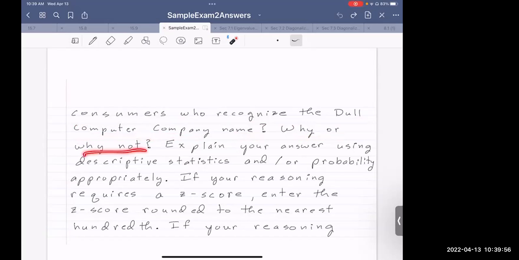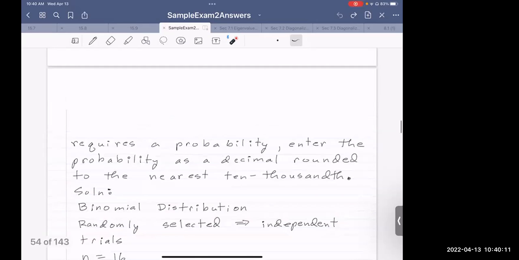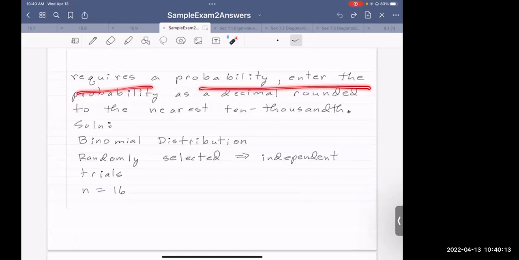Why or why not? Explain your answer using descriptive statistics and or probability appropriately. If your reasoning requires a z-score, enter the z-score rounded to the nearest hundredth. If your reasoning requires a probability, enter the probability as a decimal rounded to the nearest 10,000.